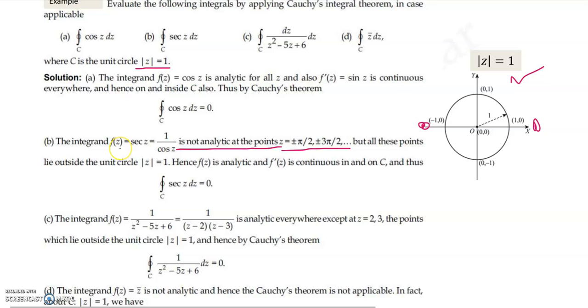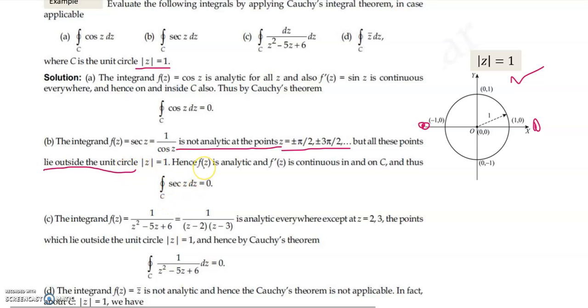See, actually the given function is analytic except at these points, where the function is not analytic because it will vanish here. But all these points lie outside the unit circle. The unit circle is your given condition, so no need to worry.